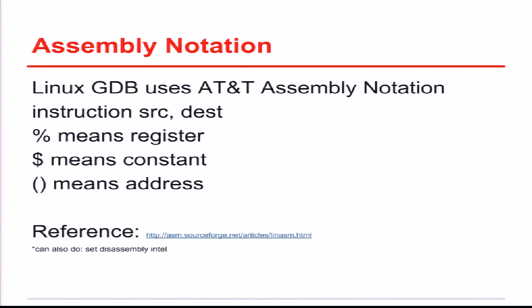The nice thing about this is the source and destination have a little bit different syntax. Percent means your register. We saw this before. A dollar sign is a constant, and brackets mean an address.